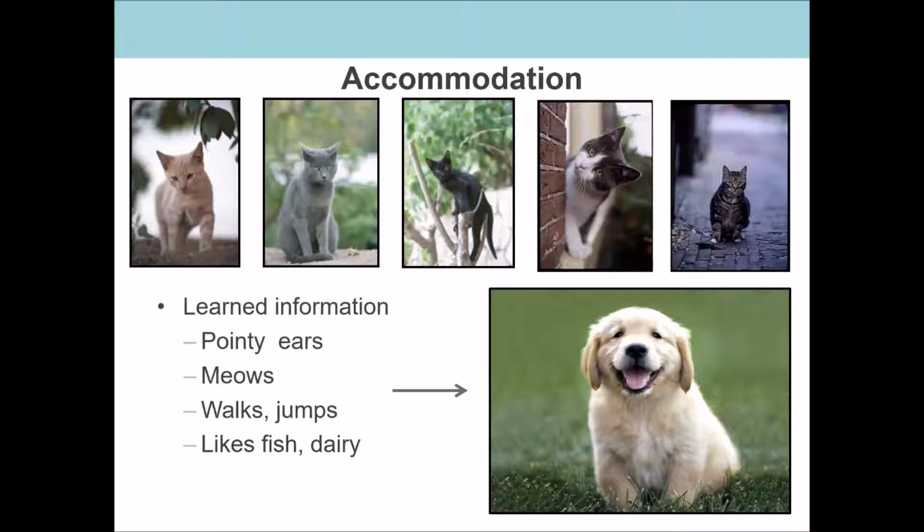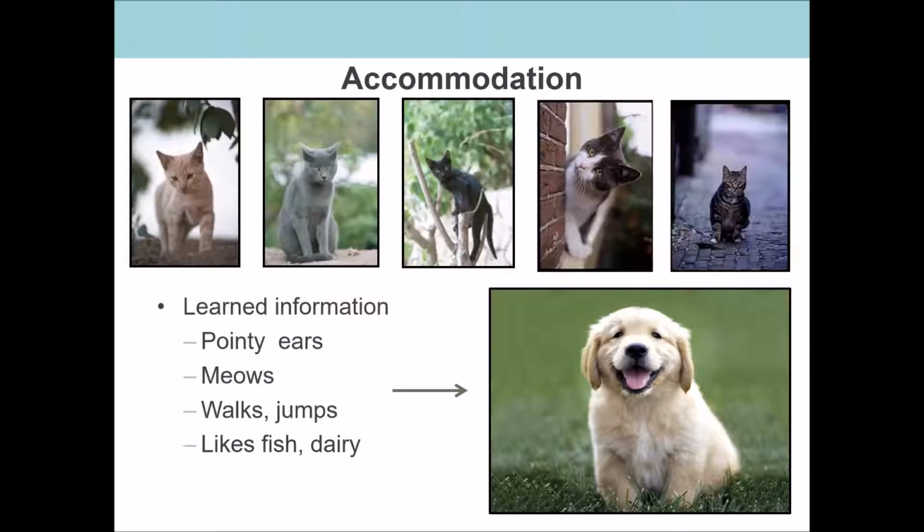I mean, puppies are kind of, right, bouncy and clumsy, and cats are very agile, and they can jump all the way up onto a counter. So they move differently, even though they both walk and jump. And then we've got likes fish and dairy. Well, I don't know about you guys, but most dogs will eat anything. So this may change your understanding.